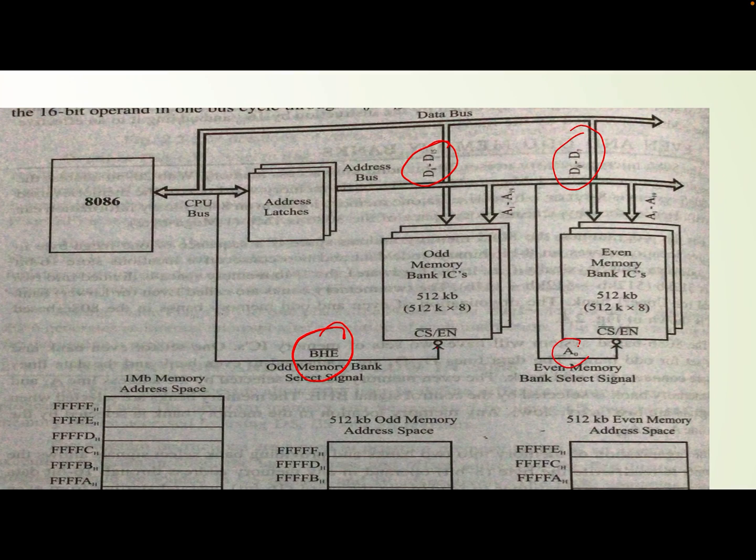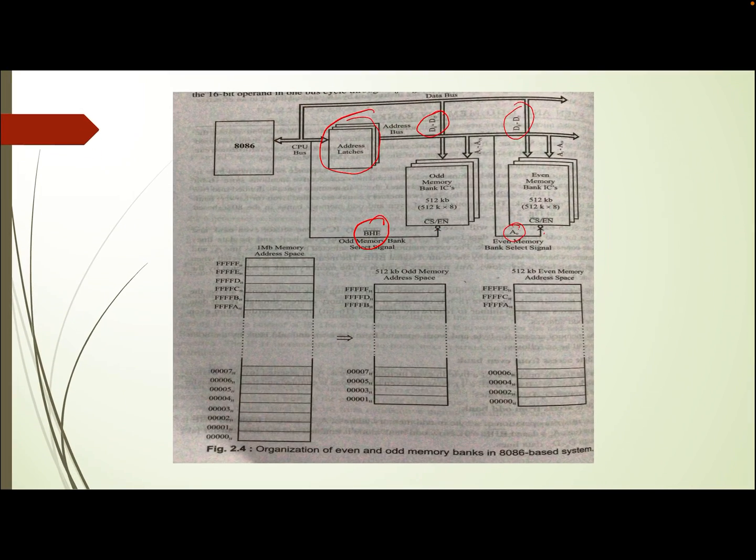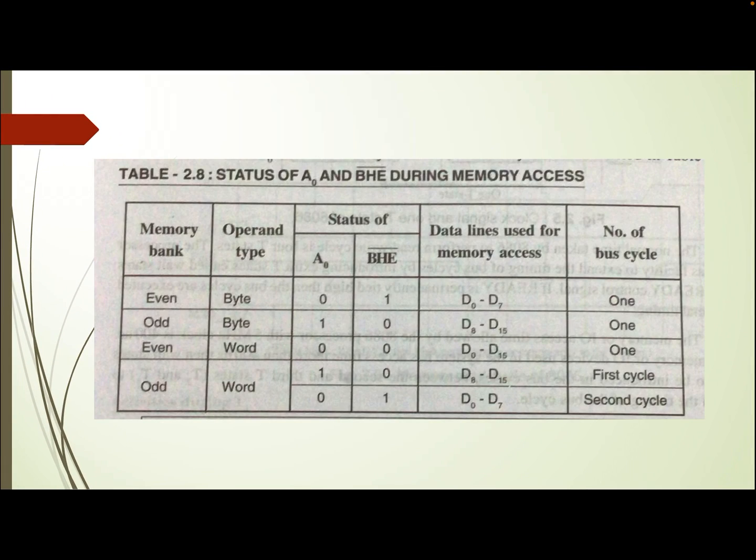The BHE signal is used for selecting the odd bank, and the A0 signal is used for selecting the even bank. The address latches are used over here for transferring the address lines, and the CPU bus is needed for data transfer. So this is the internal configuration of even and odd data banks in the 8086 processor.